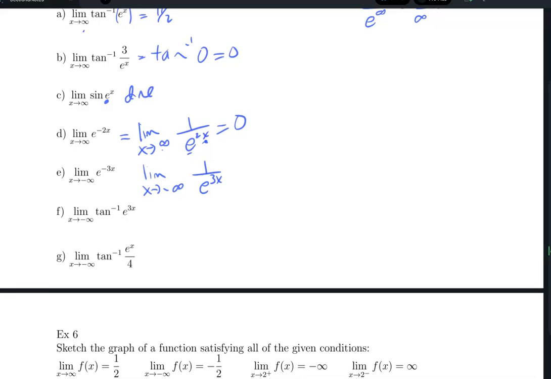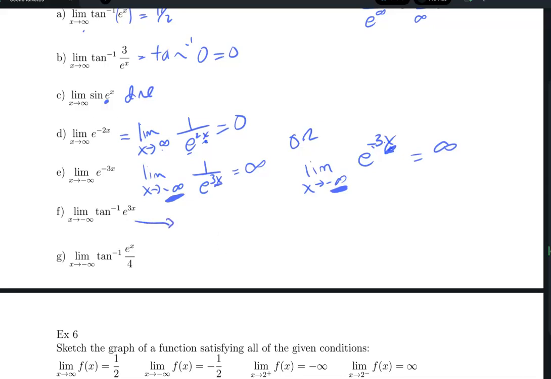But now, oh, this is tricky. If you plug in the negative infinity in here, doesn't that raise it to the numerator? Oh my goodness. So that gives you e to the infinity, that's infinity. Or you could have just left it as it was, e to the negative 3x. So you could see if you plug in a negative infinity here, the negative 3 times the negative infinity would give you e to the infinity, and that would be infinity.